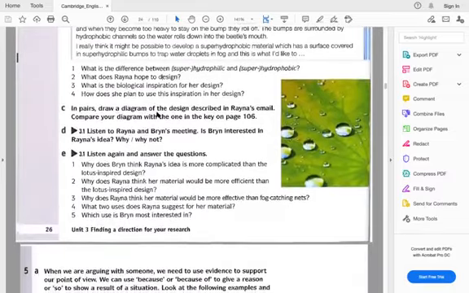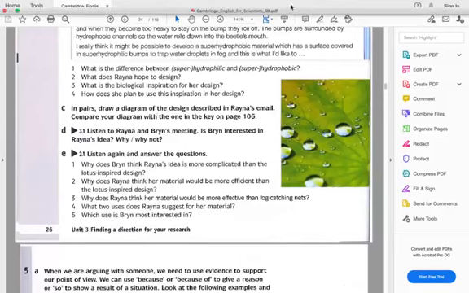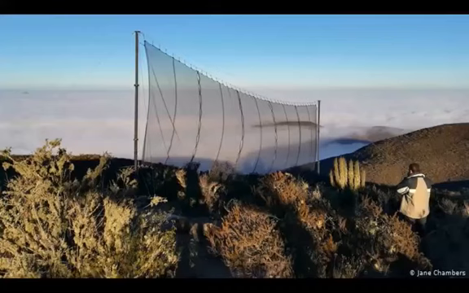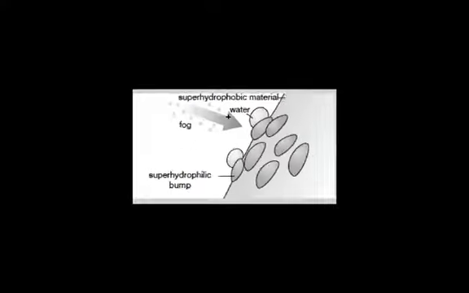Draw a diagram of the design described in Raina's email. All right, let's see a diagram or a picture of the design that she wants to create. Not this one. All right.